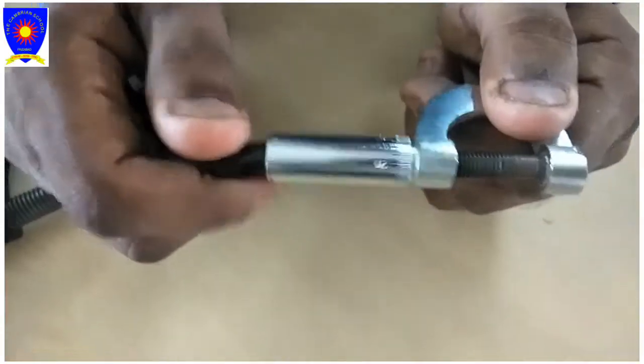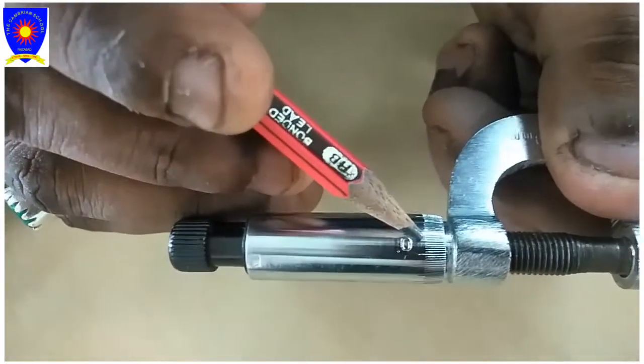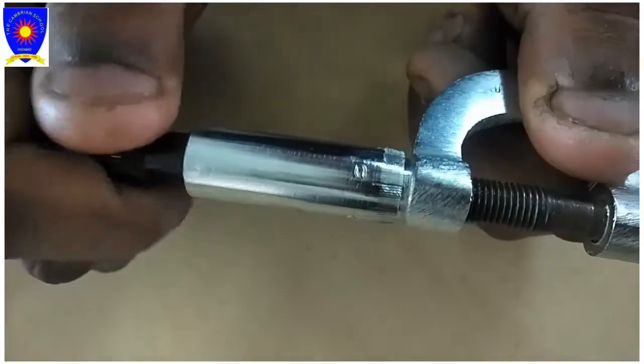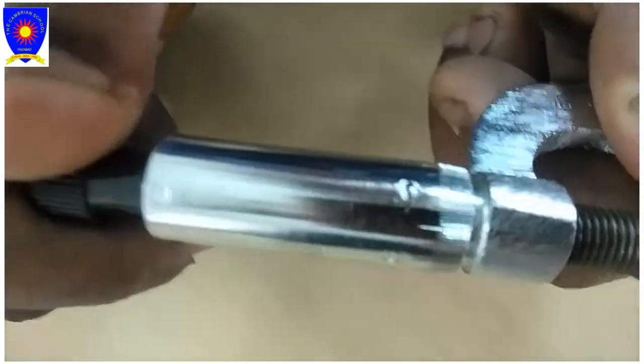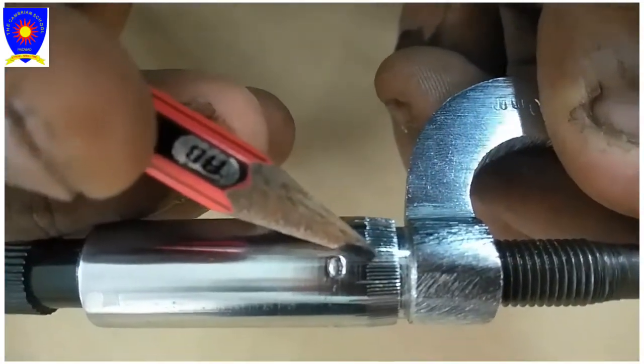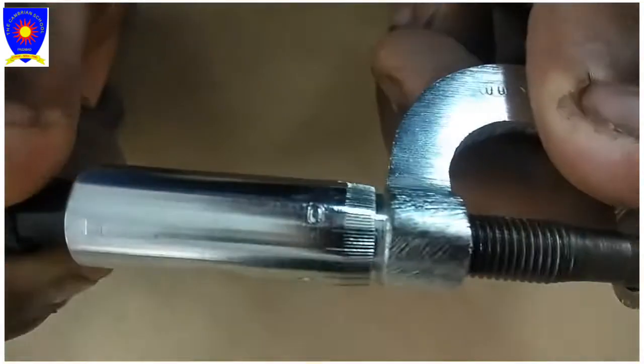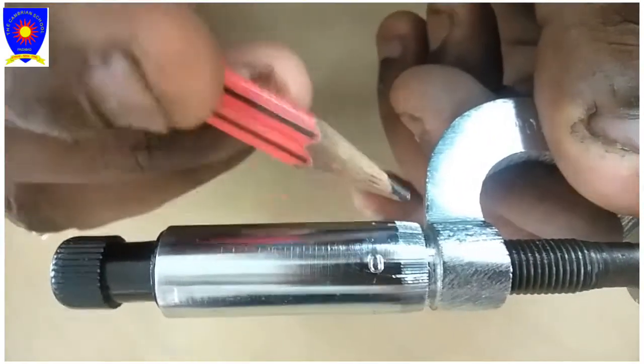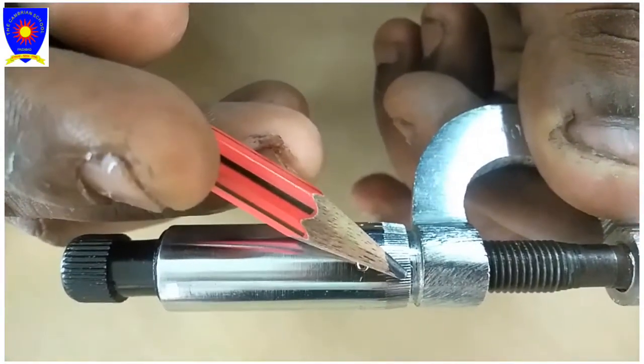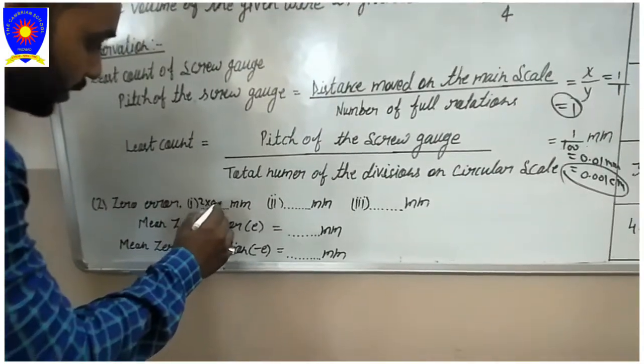Now we have to find it in our screw gauge. As we are looking, there are only 2 points in the upward direction, because only 2 circular scale divisions are upward. So we can say there is a negative error, because the zero point is upward from the main scale reading. How can we find this negative error, the zero error? It is 2 points, so 2 into 0.01.